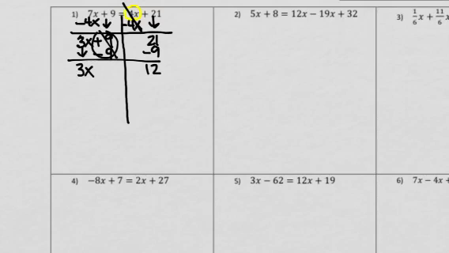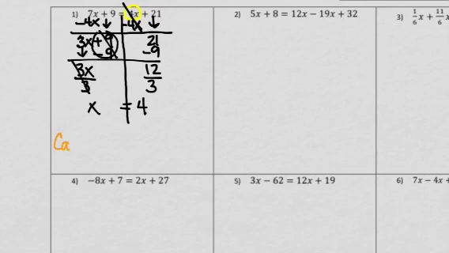Then I have to do the inverse of multiplication, which is division. Divide both sides by 3. Those cancel to be a 1x, and 12 divided by 3 is 4. Now on this one, you have to check both sides in your calculator.